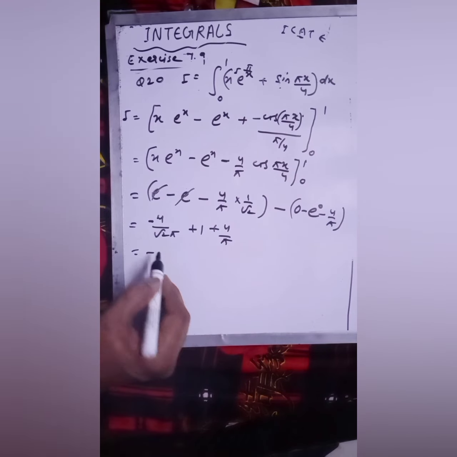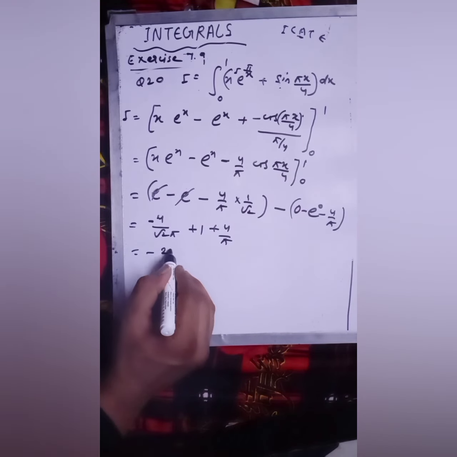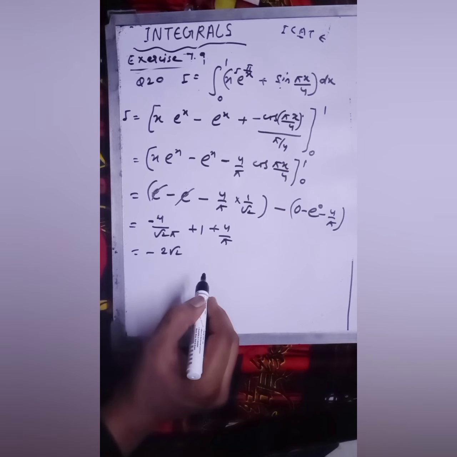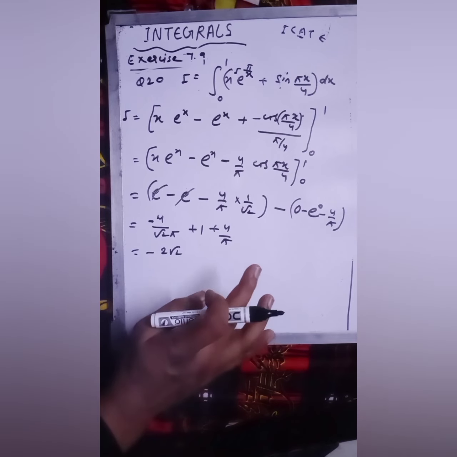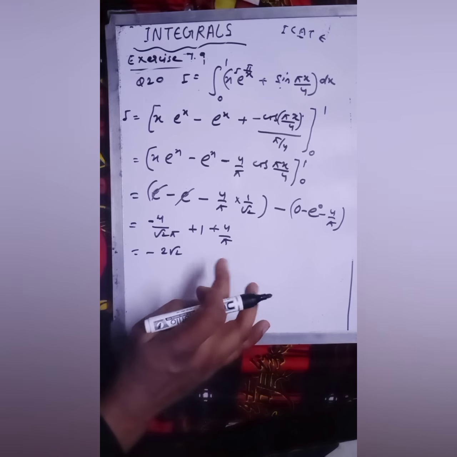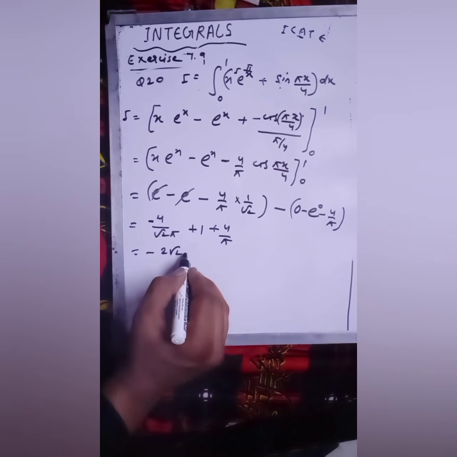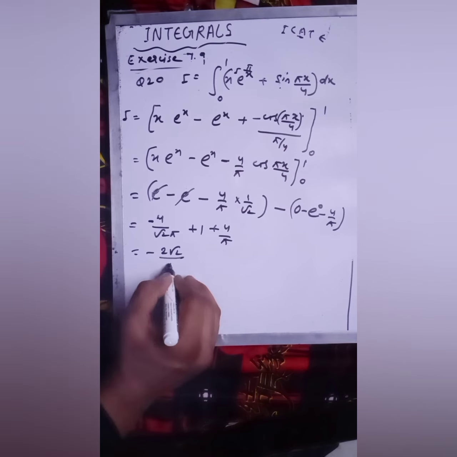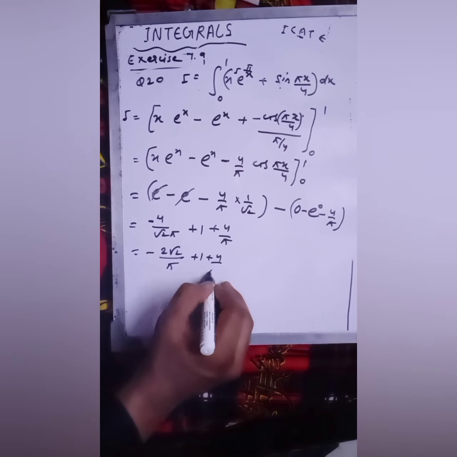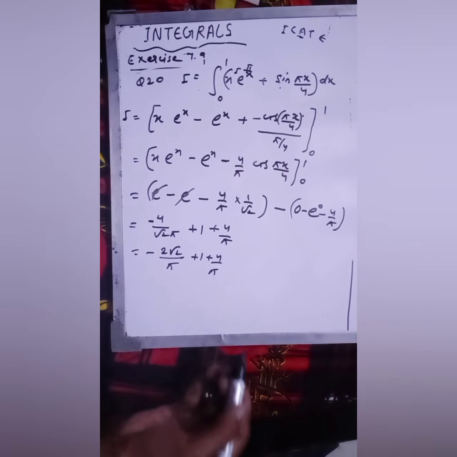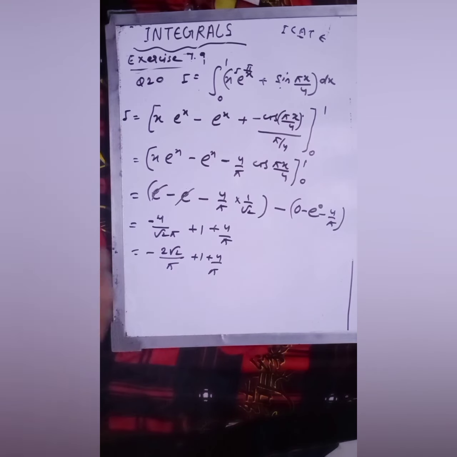If you simplify it, you will get 2 root 2 over pi plus 1 plus 4 by pi. So just take the LCM and you will get the answer. This is how you can solve this kind of question, and this is how you can solve question number 20 of this exercise.